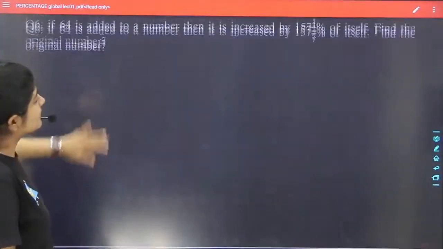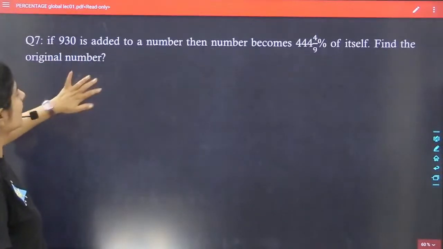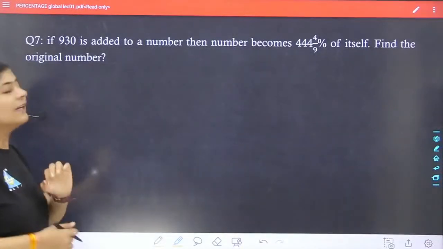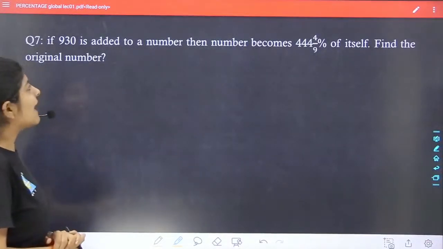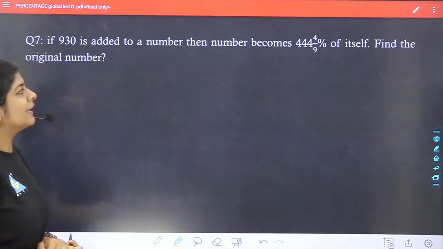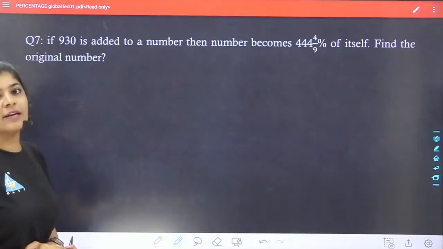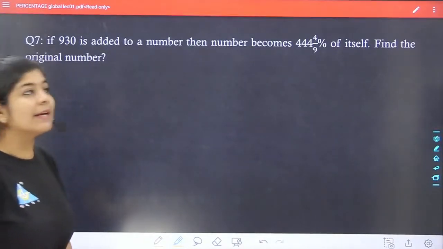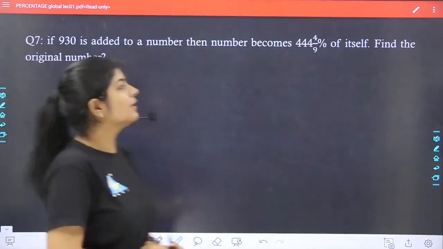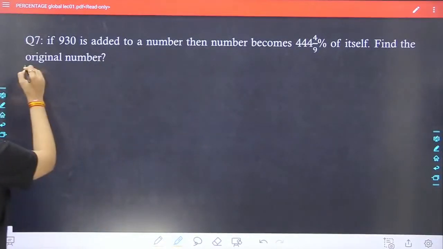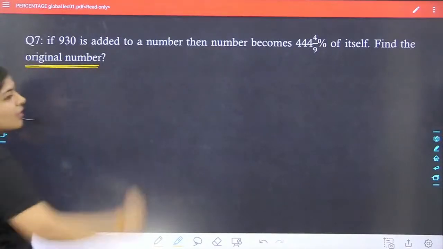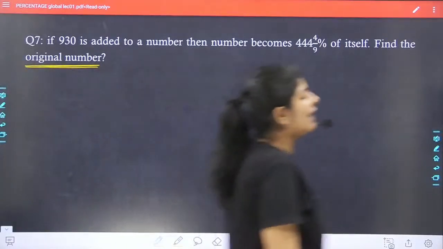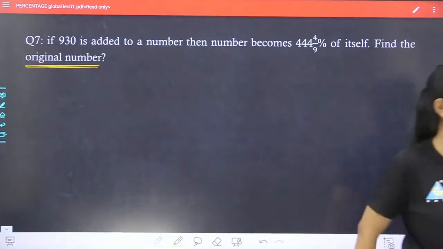Okay, next. If 930 is added to a number, then the number becomes 444 4 by 9% of itself. Find the original number. Now again we have to calculate the original number.